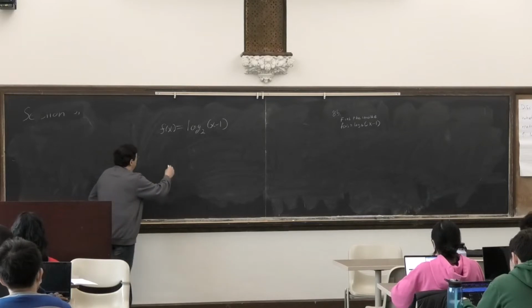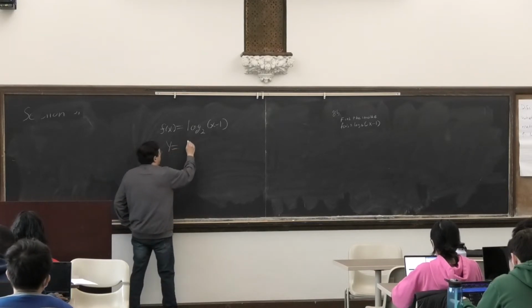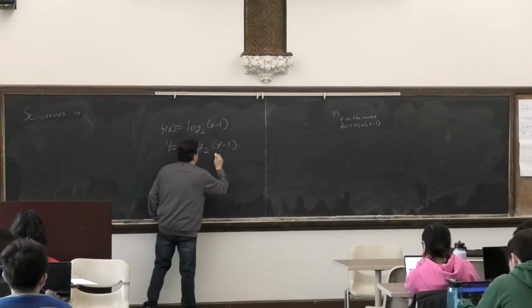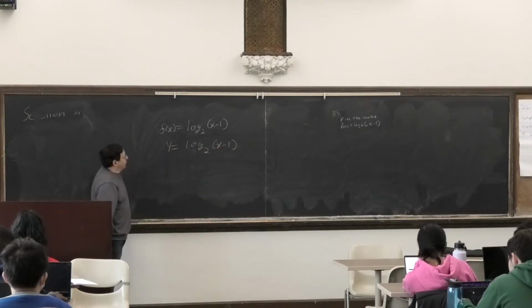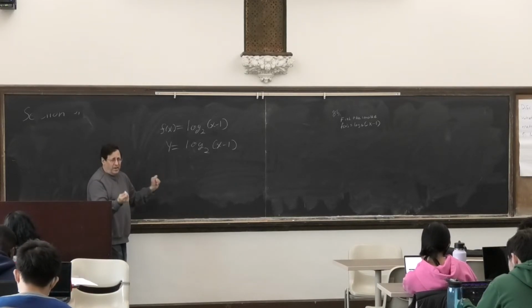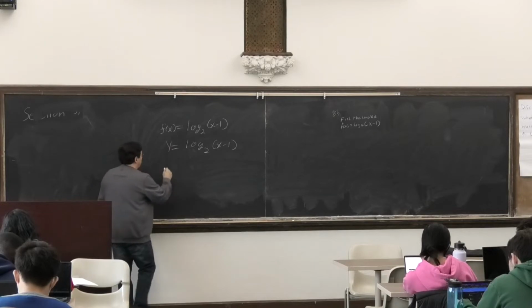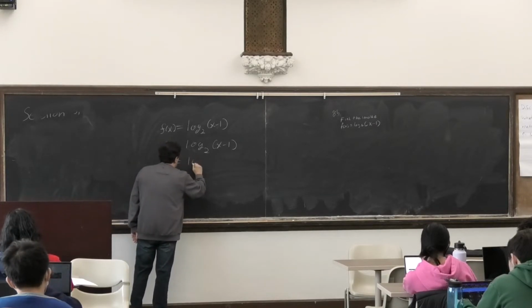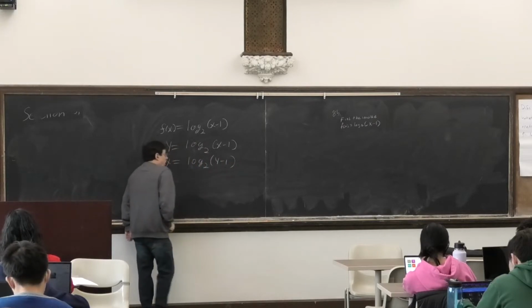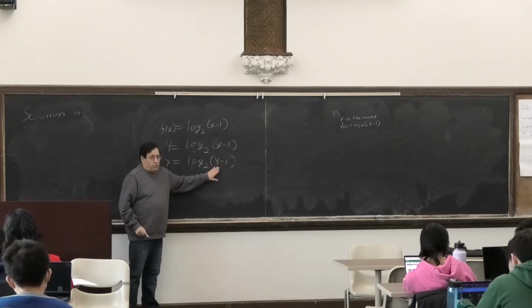My process of finding inverses is, first we write it this way, y equals log to the base 2 of x minus 1. We switch x and y, which is kind of what doing the inverse is. And now we just want to solve for y.